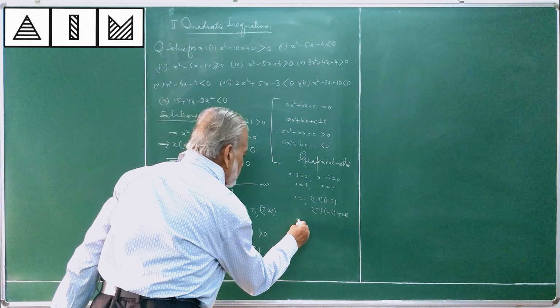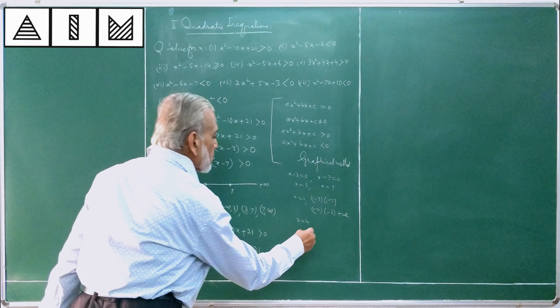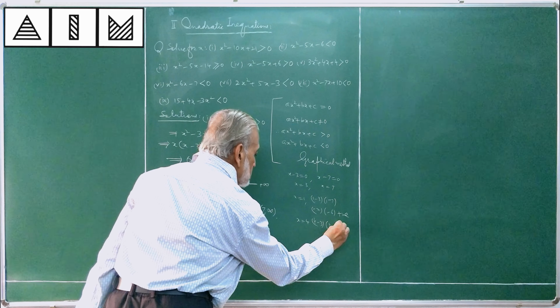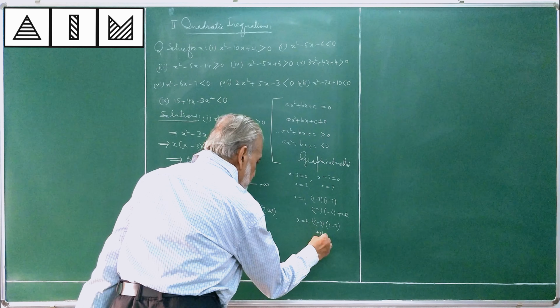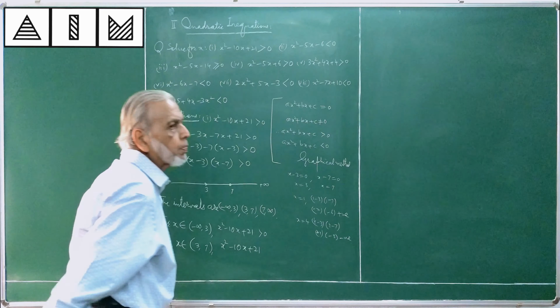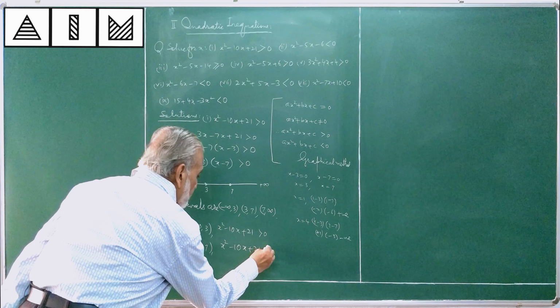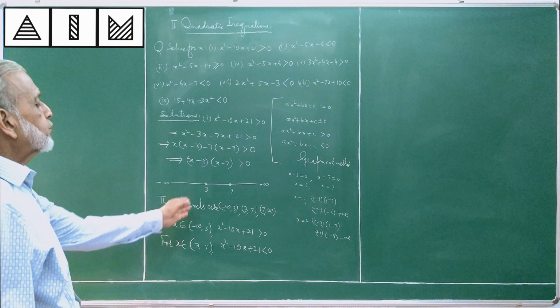See here. Substitute here. 4 minus 3, 4 minus 7. This is plus 1. This is minus 3. It is giving a negative value. So this is negative. Move to the last interval.